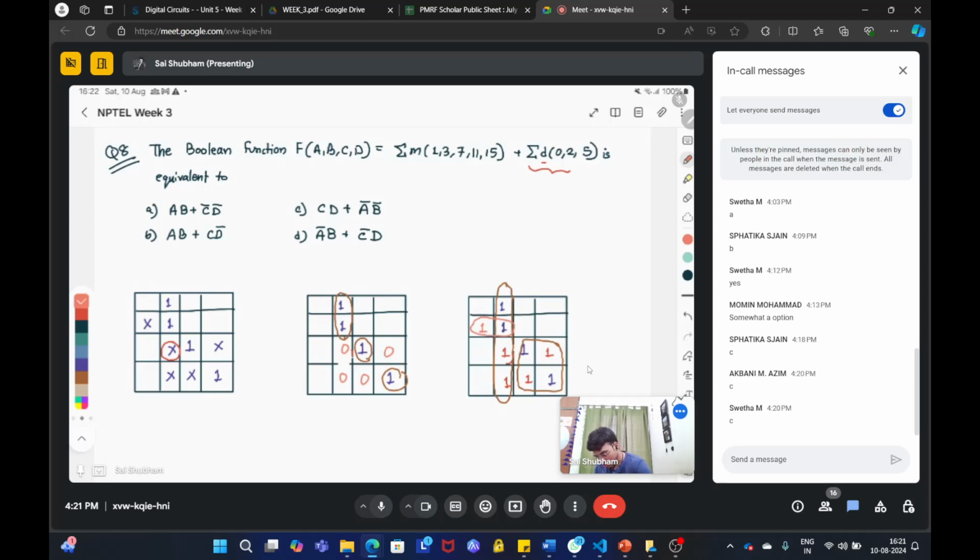So it is better for us to assume that this position is 0. So I will discuss the solution right now.